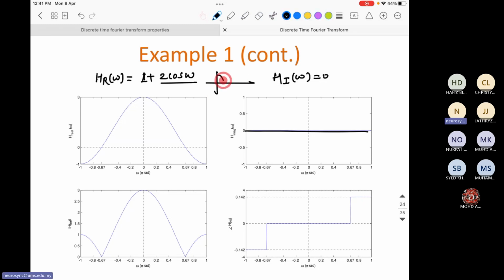Cos we simply plot like this. If you add 1 here, that is 1, and this is having magnitude 2. Therefore, at omega equal to 0, you will get this 1 plus this 2, which is 3 here. So like this, you can plot this 1 plus 2 cos omega.